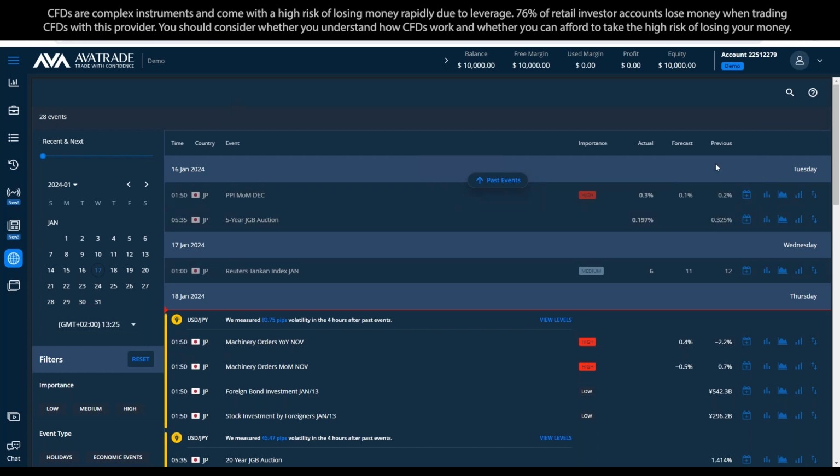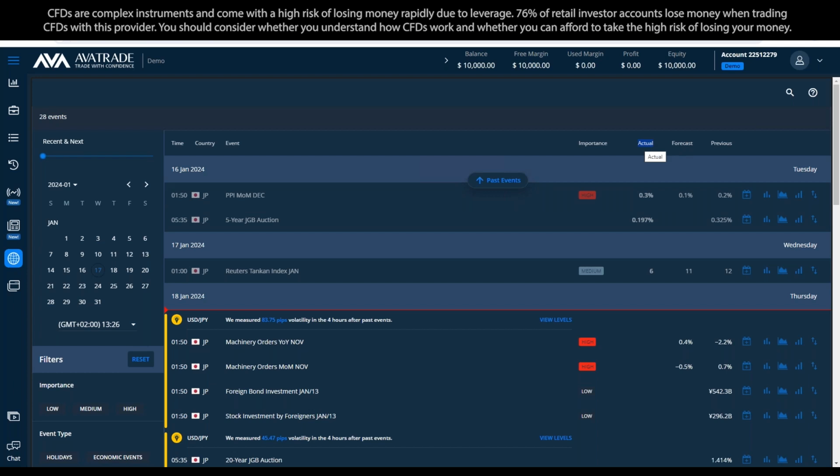We have it segmented with the last result, the expected result, and the actual result, and how big the impact is. Obviously, previous will only be on things that have reoccurrence. Forecast is something that we expect, based on certain economics.